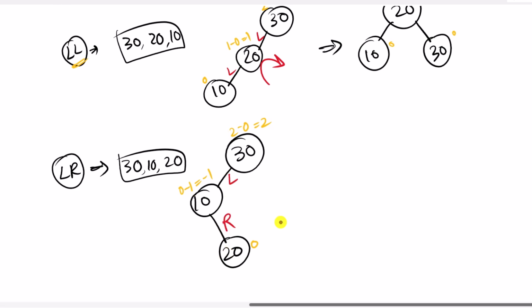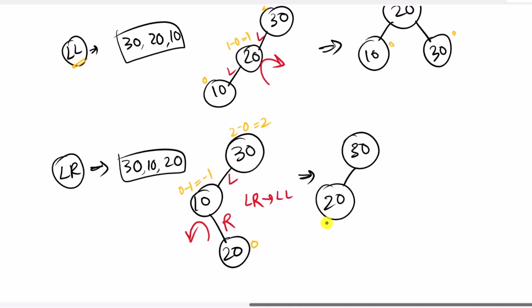Now to balance this tree, first of all we have to convert from LR rotation to LL rotation. So that means here we have to perform one anti-clockwise rotation. So if we perform the rotation, you can see 20 will come here, and then 10 will go at the bottom. So now you can see we have this LL rotation.